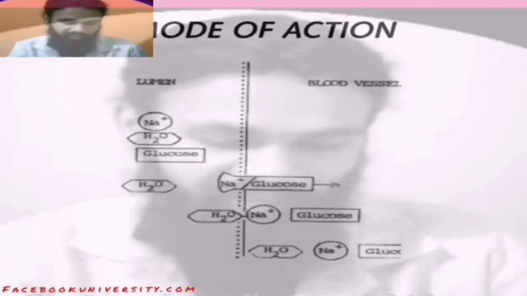So active absorption of glucose is there with the help of sodium, as glucose and sodium are taken together, and sodium is there in the blood, so it will absorb water from the lumen also.